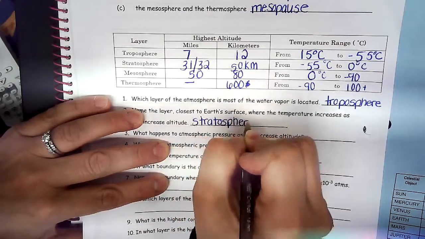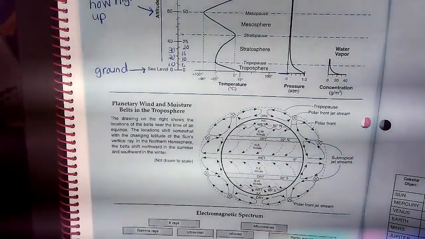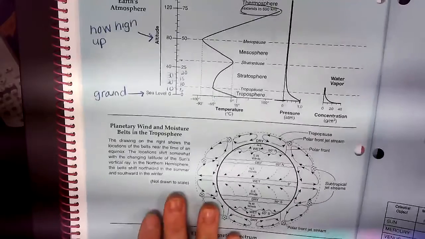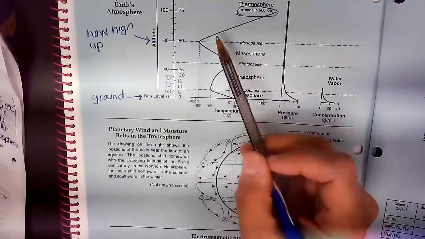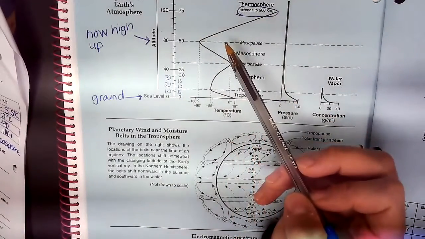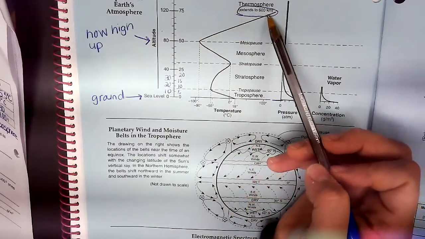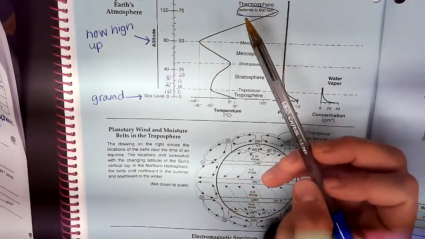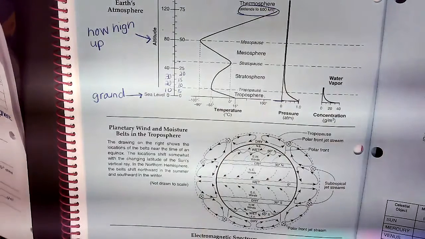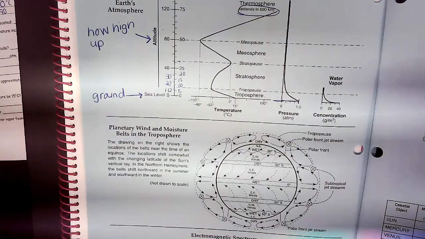I heard someone shout out thermosphere. Why'd you say thermosphere? Because of the temperature? Temperature is definitely increasing, and it is the place that's the hottest. But the question said where the temperature is increasing, and it also said the layer closest to Earth. Did anybody just put troposphere?